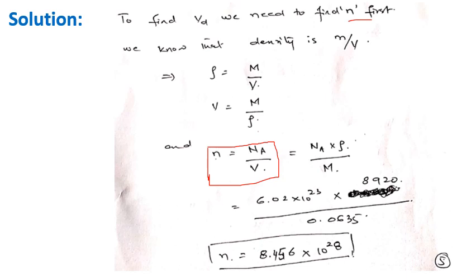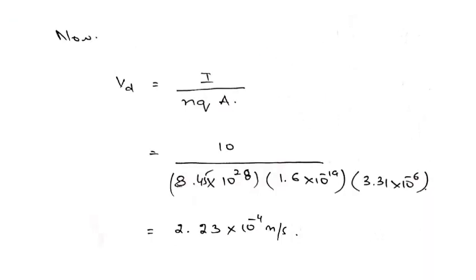That is why we have written Avogadro's number and the molecular mass of copper in the data, to find small n. By putting in these values, I get small n equal to 8.456 into 10 to the power 28. So now I have the number of molecules in copper, which will help me in finding drift velocity.